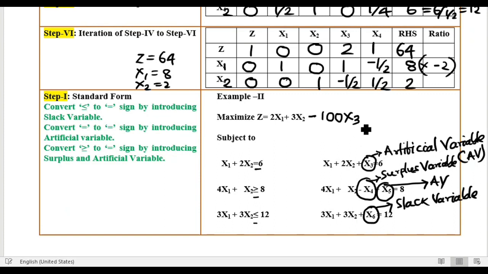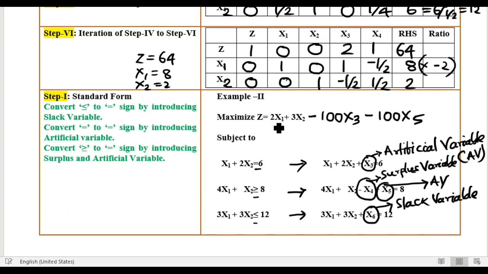X3 is my artificial variable of the first equation, and then minus a higher coefficient of the next artificial variable, that is this one. For the slack variable, we do not have to make any changes over here.